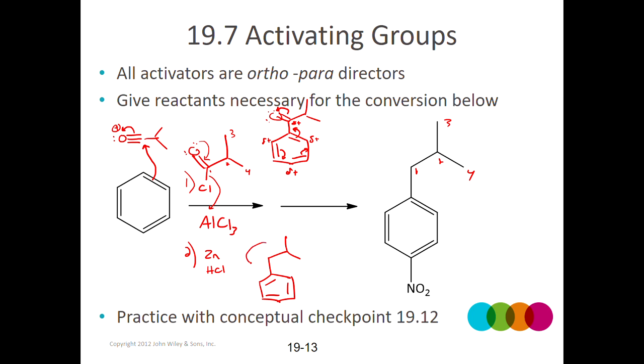Now we have an ortho-para director. Now it's actually donating electrons to the ring through induction and hyperconjugation, but it's so sterically hindering we don't expect much reaction to occur at the ortho position. So that's why we would expect, if we add the conditions to install a nitro group, that would occur at the para position.